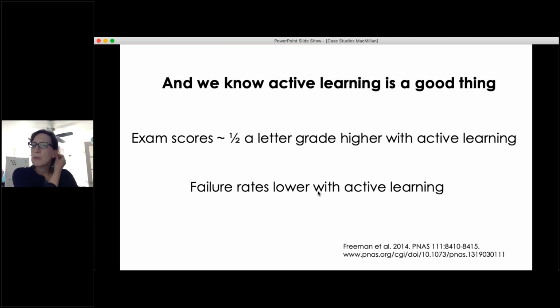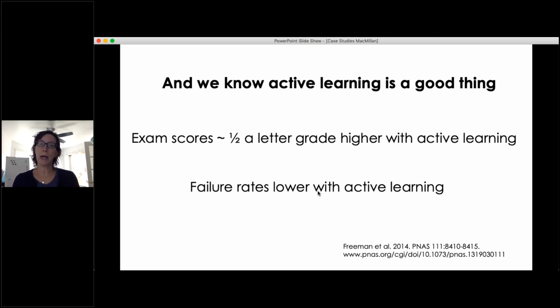And the failure rates, and these are course failure rates, were lower in courses that relied on active learning versus traditional lecturing. It was approximately 21% course failure rates with active learning versus 34% for traditional lecturing. So it seems like active learning is a good thing.